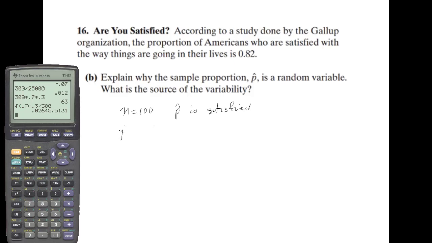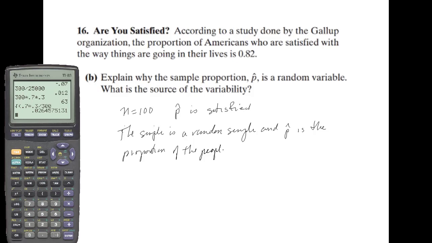So the sample is a random sample, and p hat is the proportion of people who are satisfied with the way things are going. Okay, sounds good to me.